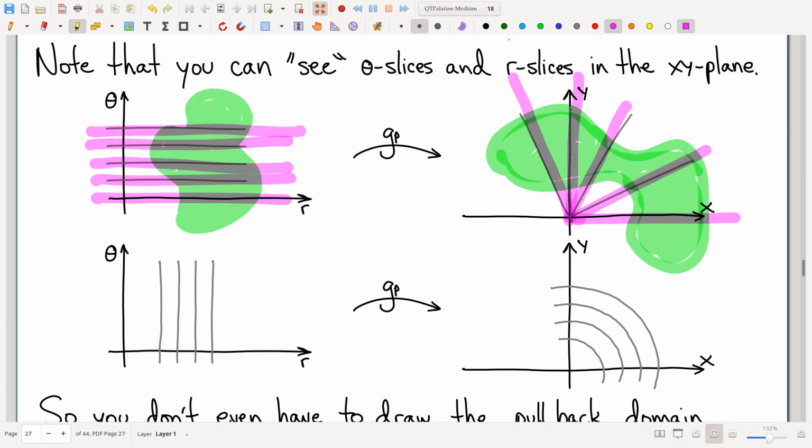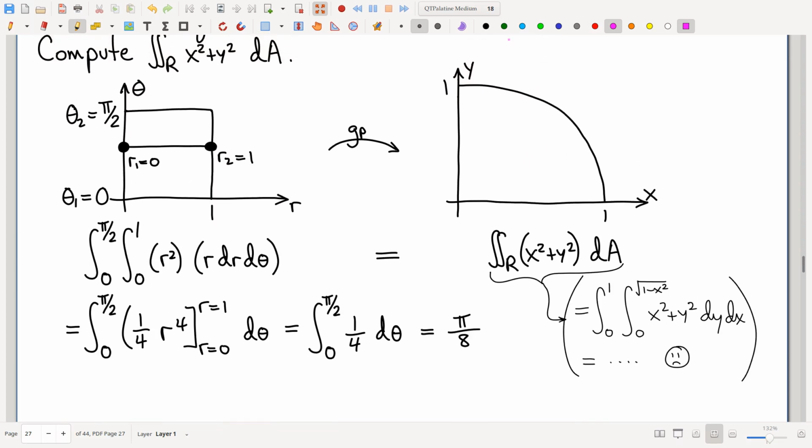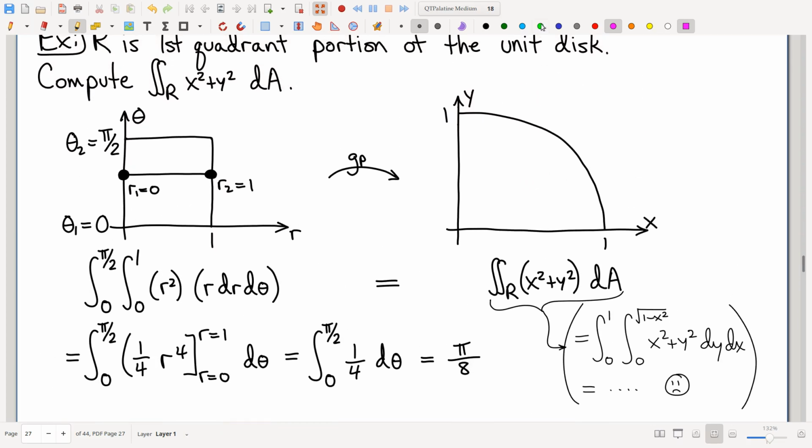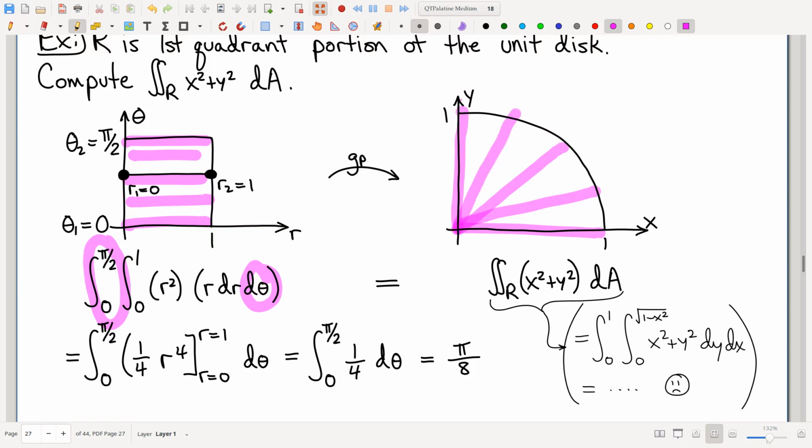So all of the slicing that I did over here, for example, we let theta go from 0 to pi over 2, so we were doing theta slices like this. All right, I can see them right here. Those theta slices look something like this. My very first theta slice that gives me my initial theta bound, there it is.